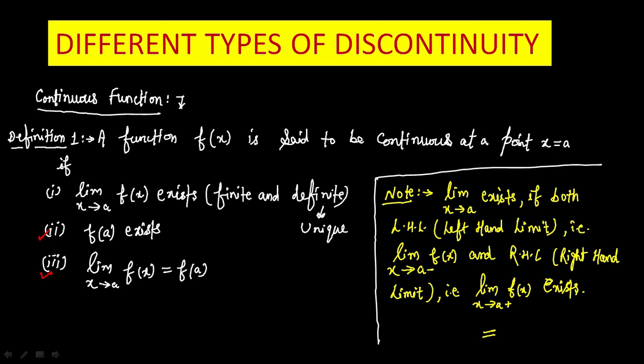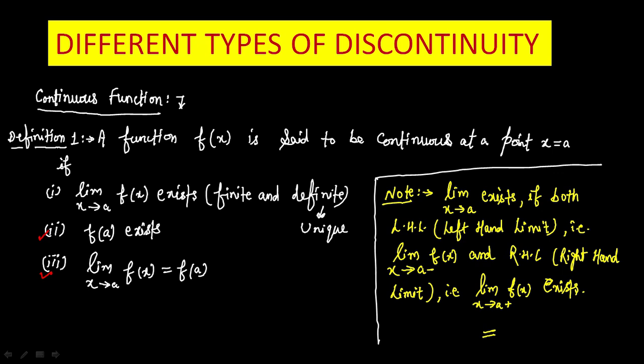And one more thing, dear students, in condition 1 we have written limit x approaching a of f(x) exists. So what is the meaning of that? It means that there are two kinds of limits, LHL and RHL, the left hand limit and the right hand limit.